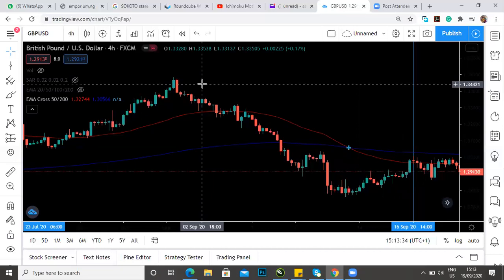So what do I mean by death cross or golden cross? A death cross is when the trend of the market is pulling back or going down, like a downtrend. And a golden cross is an uptrend.